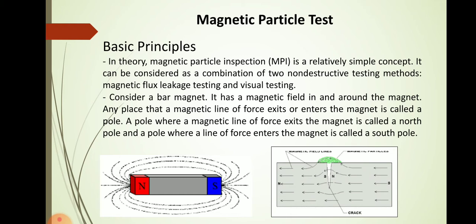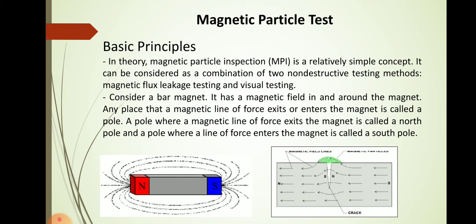So here we are considering an electromagnet, that means by passing the electric current we are generating an electromagnetic flux or electromagnetic field inside the metal. Generally for using this magnetic particle test, the material must be a ferrous material so that electric current can be passed and it should be forming the magnetic field lines inside it.